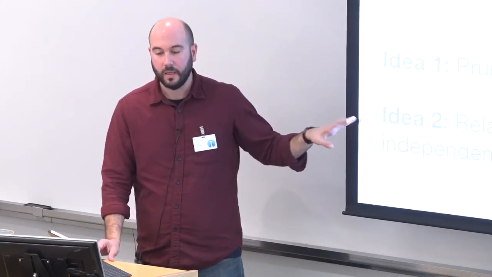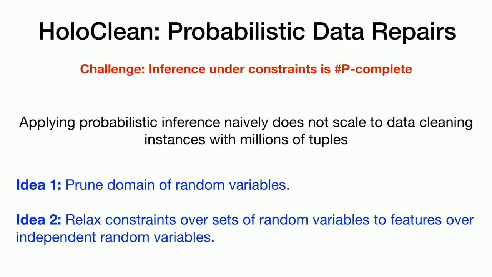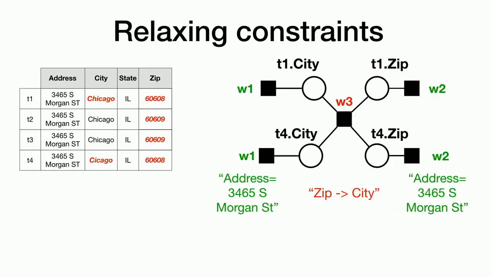So the most interesting thing in HoloClean was basically how we make these constraints scale. And again, we relied on this notion of bounded noise. If I have bounded noise and I want to enforce this joint state in my world, I don't have to enumerate all possible worlds and check their validity.